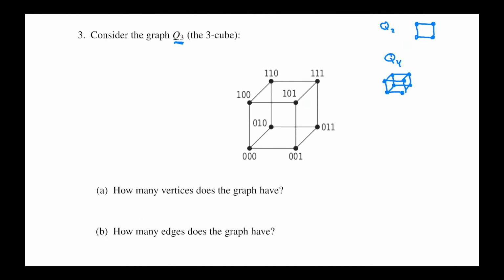Let's see here. How do I do this? Okay, how do I copy it? Duplicate. So you draw two copies of Q3, and then you have to connect all the corresponding vertices, like bottom left to bottom left, bottom right to bottom right.